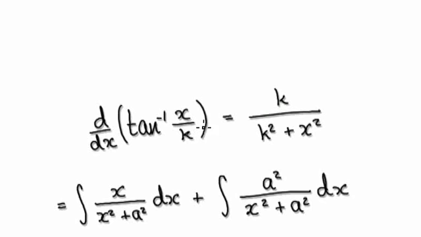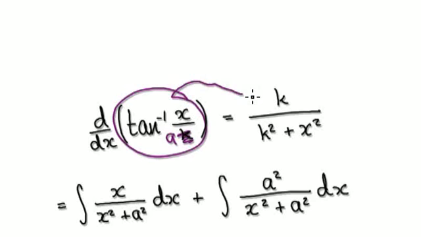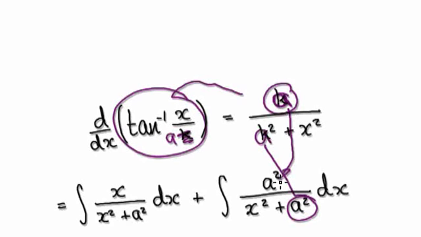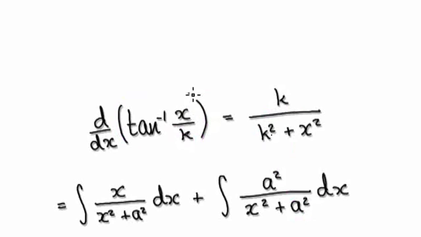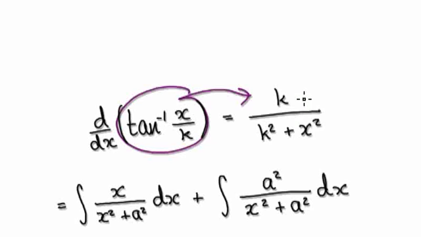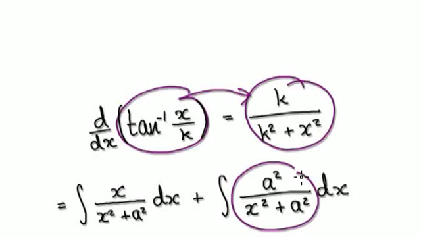We're almost there, because if you change this to be an a here, and differentiate, it will be a, and then you've got a squared here. So this almost matches up with this. So when you differentiate this, it will give you something very similar to this.